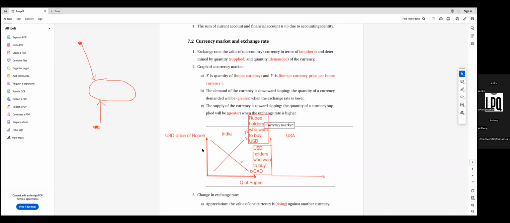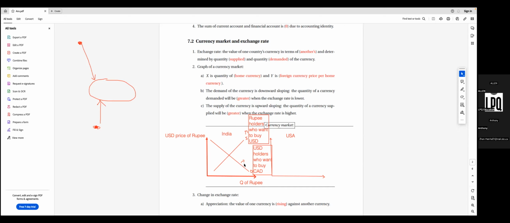Because using the same amount of USD, they can exchange more, they can buy more Indian rupees. So they buy more. So a downward sloping curve, a negative relationship. Just like the basic supply and demand model.